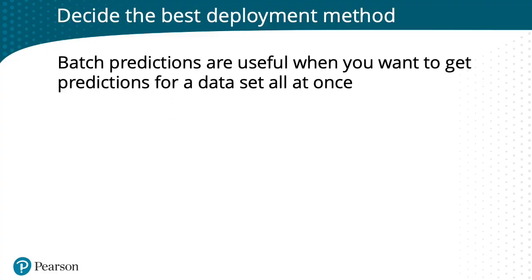And then just to reiterate, batch predictions are really useful when you want to get predictions for a data set all at once. So sometimes it's not efficient or it doesn't make sense to do real-time predictions. So a lot of what you'll see will be batch predictions, and they'll probably update some database somewhere else.